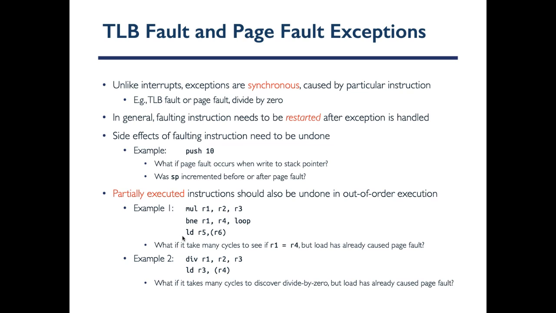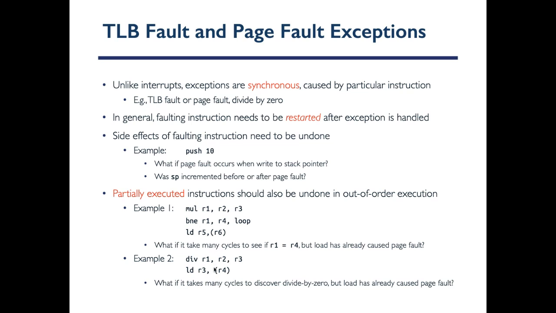And then you start executing this instruction. And let's say what you have in R6, this address is causing a page fault. So in reality, maybe R1 was actually equal to R4, and you had to go to loop, so you would have never executed this load. But because of out of order execution, you ended up executing this load, and it caused a page fault. So what should we do at this point?